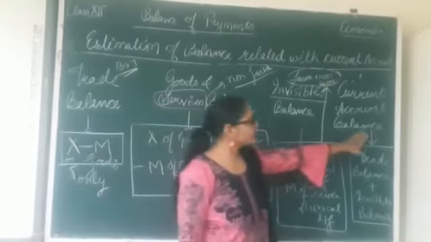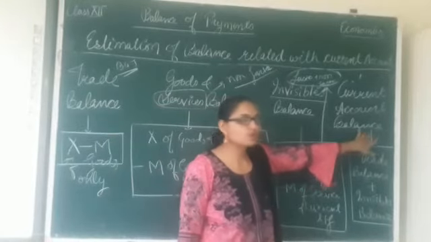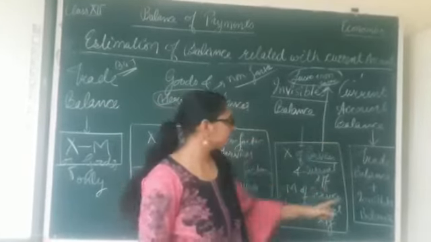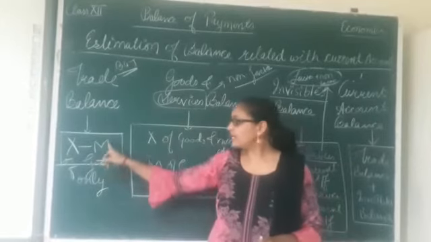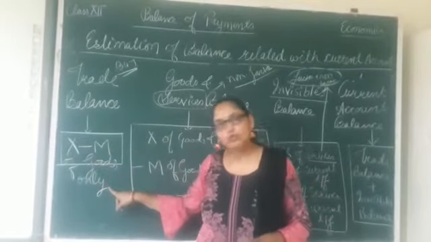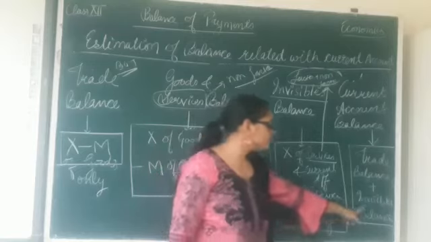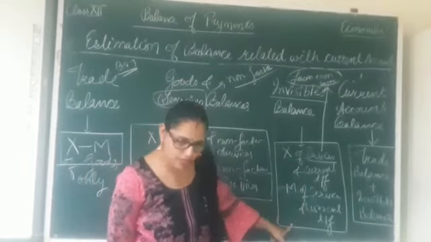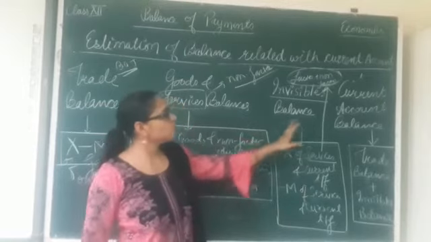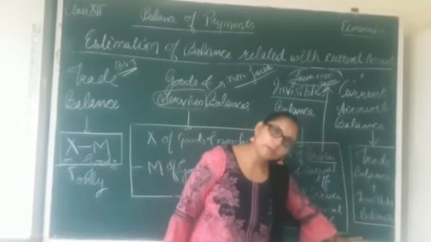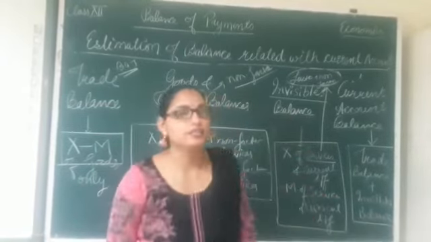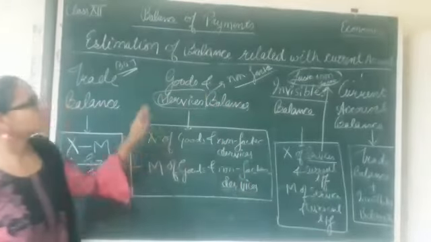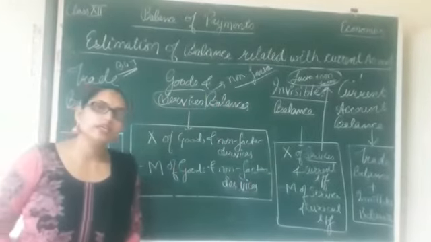So when we calculate the current account balance, we add these two. The first is trade balance, meaning the balance on account of export and import of goods only, and invisible balance means the balance on account of services and current transfers. Clear? When we add these two, we have the current account balance. Okay, so this is how we estimate the balance related to the current account.